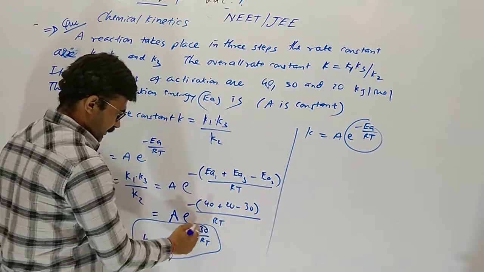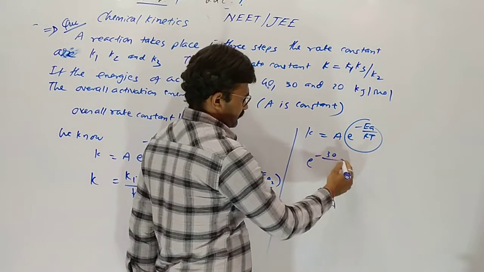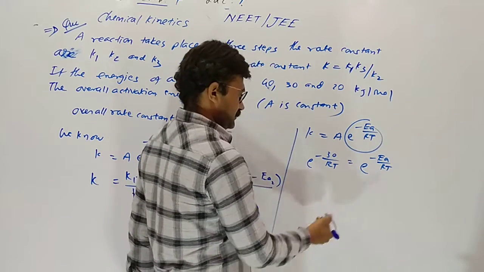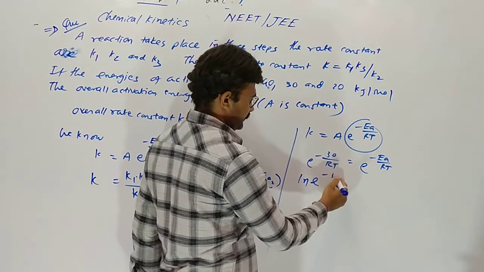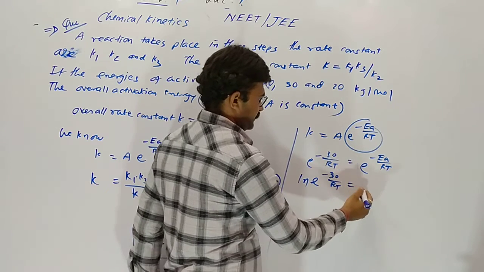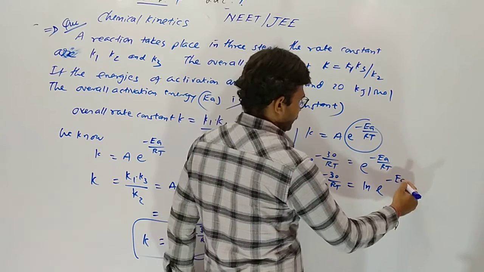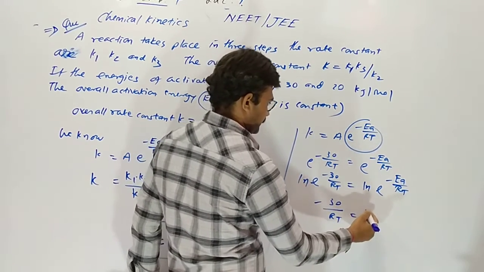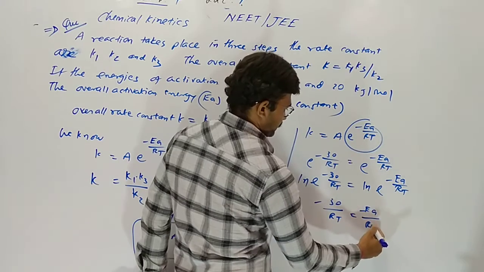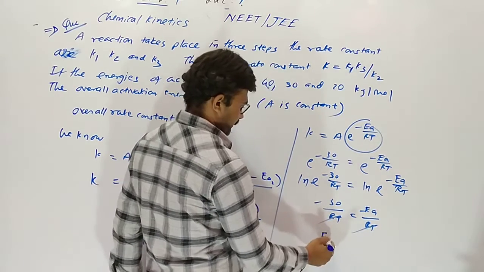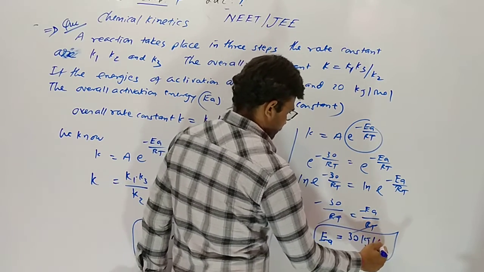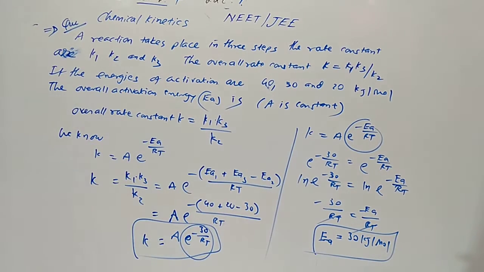We are comparing both values, e raised to minus 30 upon RT. Both sides taking ln, so ln e will be 1. So this one comes in multiplication, RT cut, minus minus cut. So the average activation energy comes in kilojoule, 30 kilojoule per mole. This is our answer.